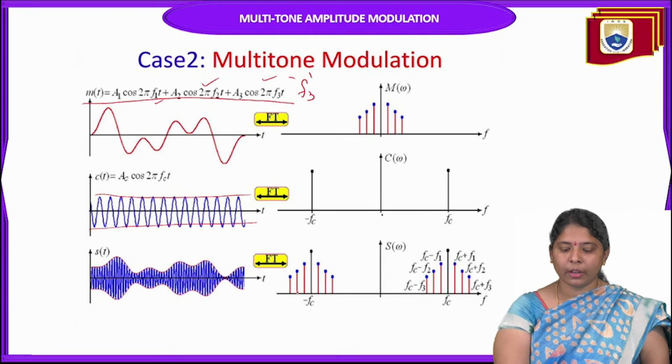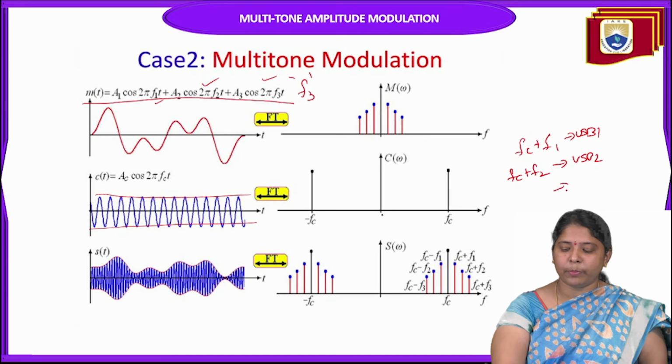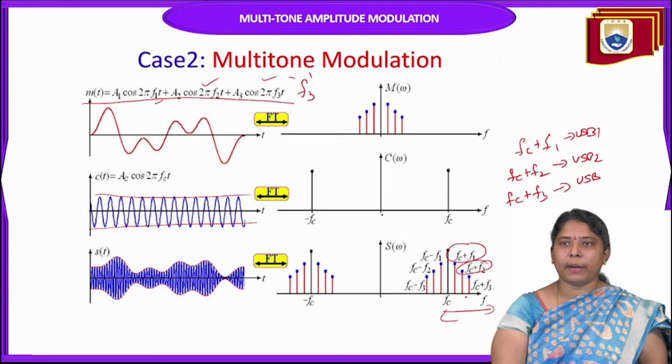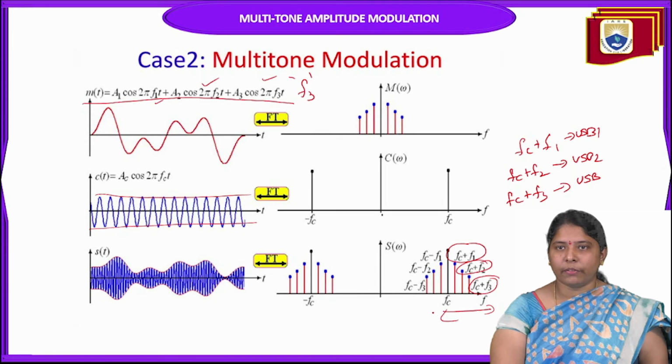After modulation, we get three upper sidebands: upper sideband 1 is fc + f1, upper sideband 2 is fc + f2, and upper sideband 3 is fc + f3.